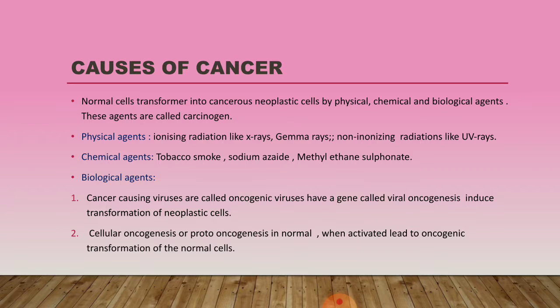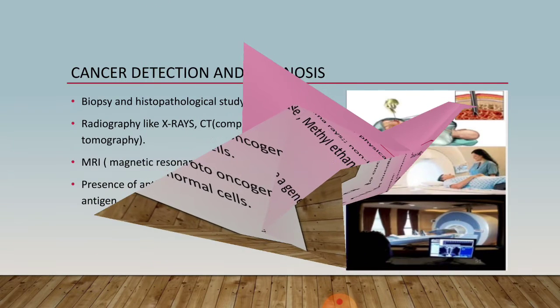Chemical agents include tobacco smoke, sodium azide, methyl ethane sulfonate. Biological agents: in biological agents we have 2 points. Cancer-causing viruses are called oncogenic viruses, which have viral oncogenes that induce transformation of neoplastic cells. Second, cellular oncogenes or proto-oncogenes, which are present in normal cells, when activated lead to oncogenic transformation of the normal cell.